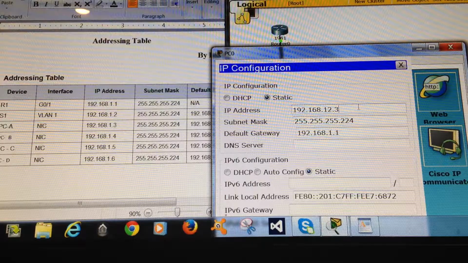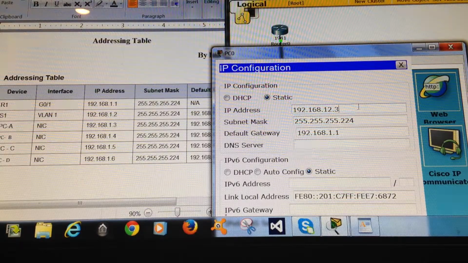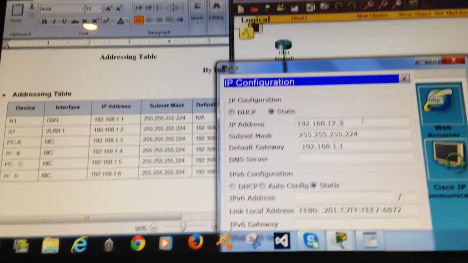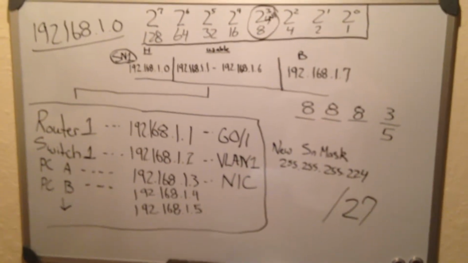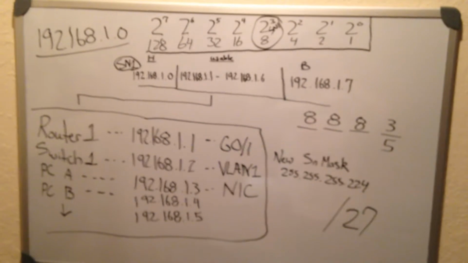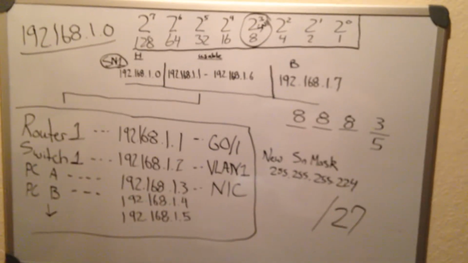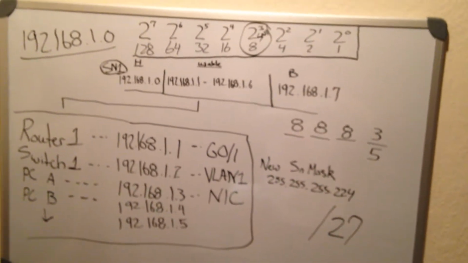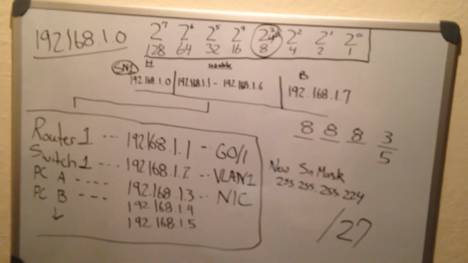Now I'm going to show you the math part of the subnetting that I did. This is the subnetting that I did. As you can see, the subnet is going to be for the network 192.168.1.0.